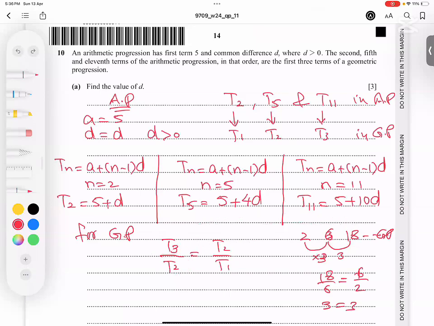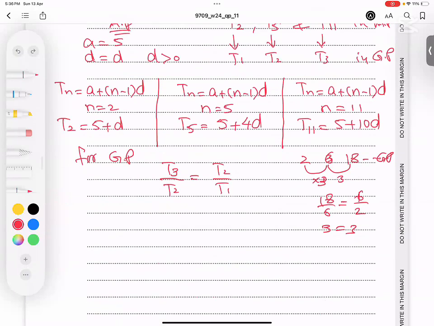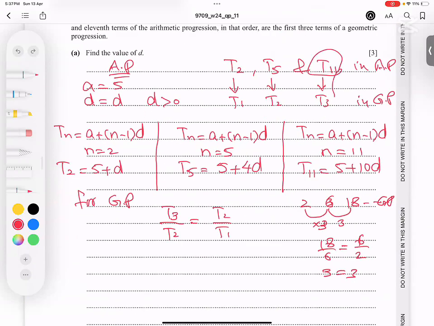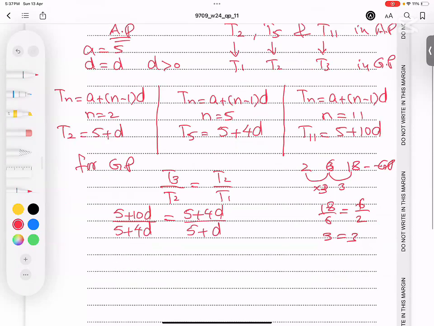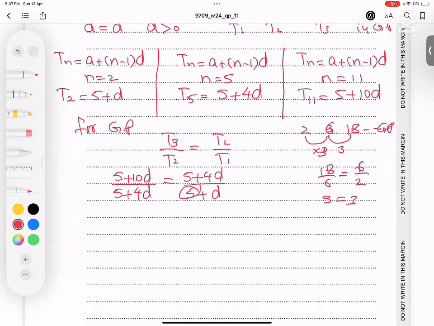According to the plan, T11 is actually T3, so this goes in the first numerator. The second term is 5 plus 4D. The second term again is 5 plus 4D. T1 is 5 plus D. Now do it very carefully. 5 multiplied by both: 25, 50D.